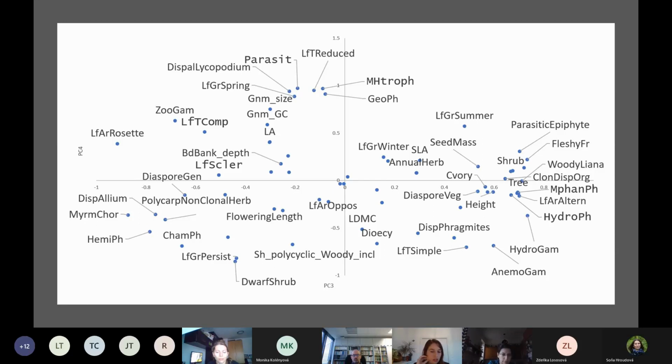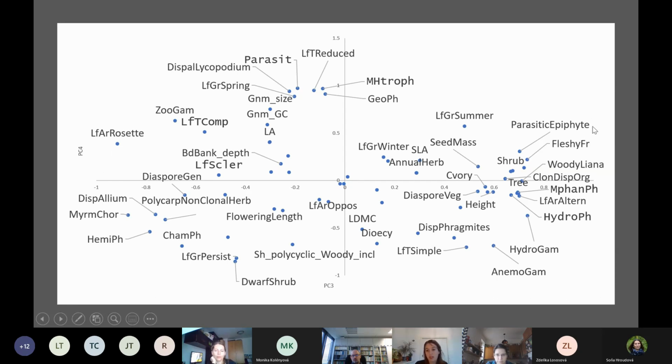So I included 2 more axes, axis 3 and 4. Axis 3 represents a separation: in the negative values, we can see there are rosettes, myrmecophori, hemiparasitic plants.